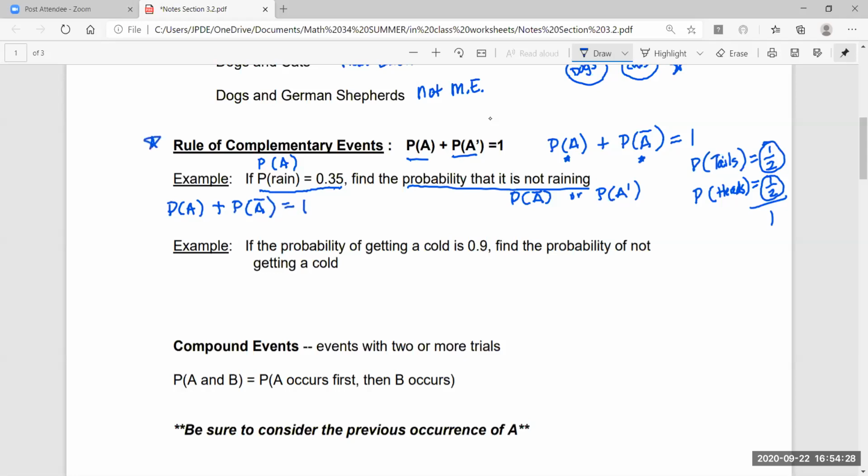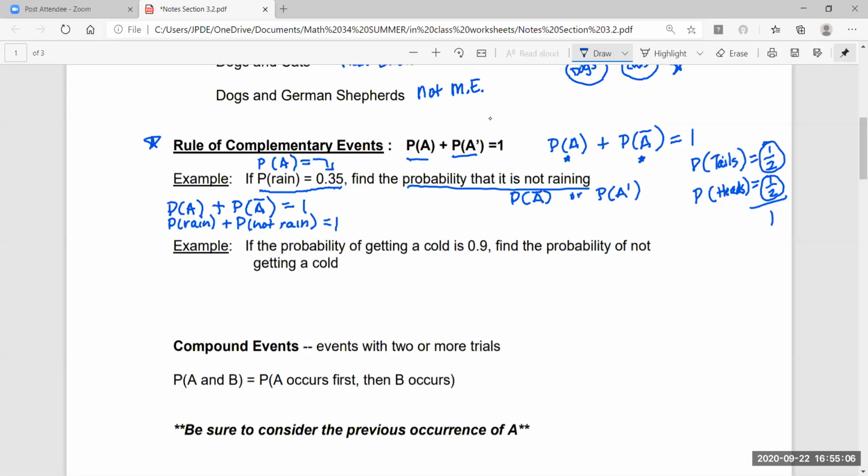That's given to us. Well, we know the probability of A right here, the probability that it rains is 0.35. So this would be the probability of rain plus the probability of not rain, the event and its complement, equals 1. And think of it this way. It's either raining or it's not. Those are your options. And sometimes students will say, well, what about if it's sunny? Well, it's not raining then. So we're just talking about it's either raining or it's not raining.